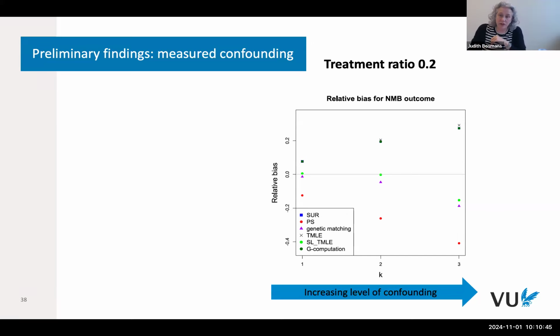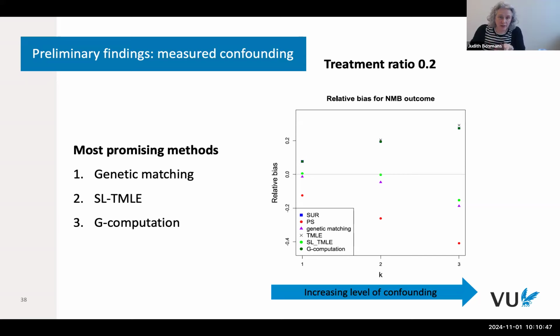And actually, what we saw consistently over all scenarios that we analyzed is that both genetic matching and targeted maximum likelihood estimation methods performed best. The genetic matching is very computer intensive, so these analyses take a long time, especially if you have large data sets, which is often the case with real world data.